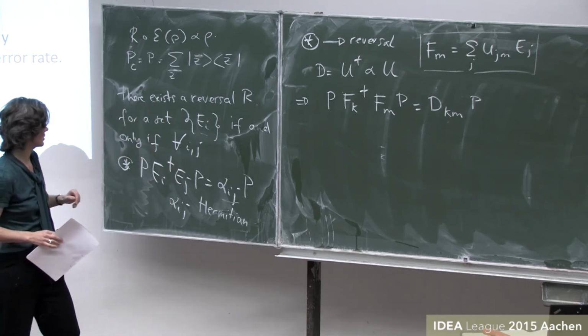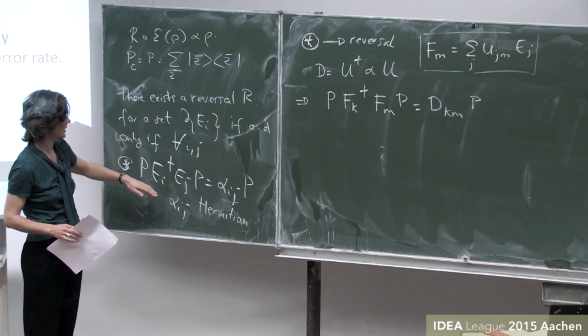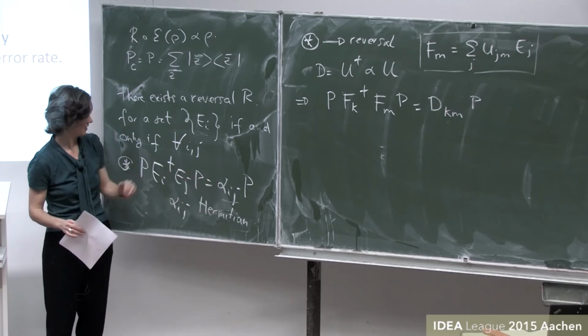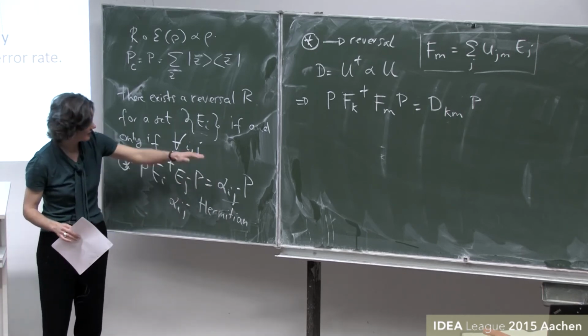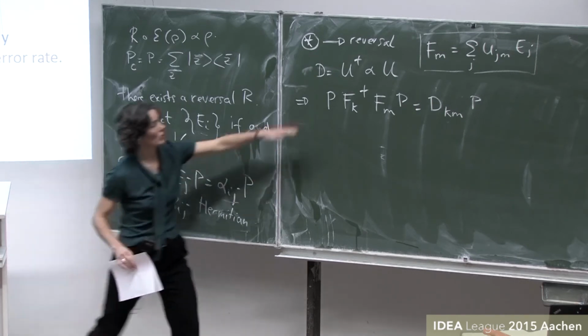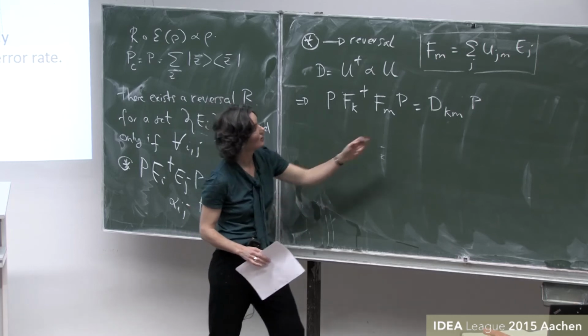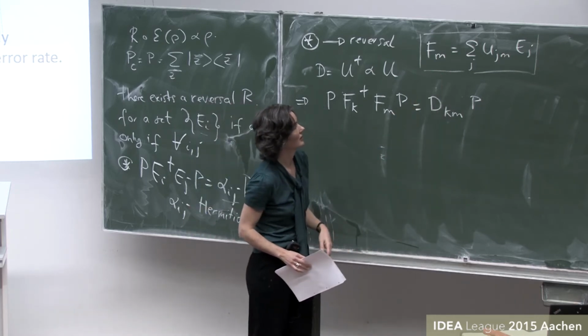Maybe I want to say one more thing. What this also shows is, I said, actually I haven't proved this yet, but I said this is the error correction condition, right? Now, if this is the error correction condition and these hold, then these also hold for this set F, where F is this unitary mixture.